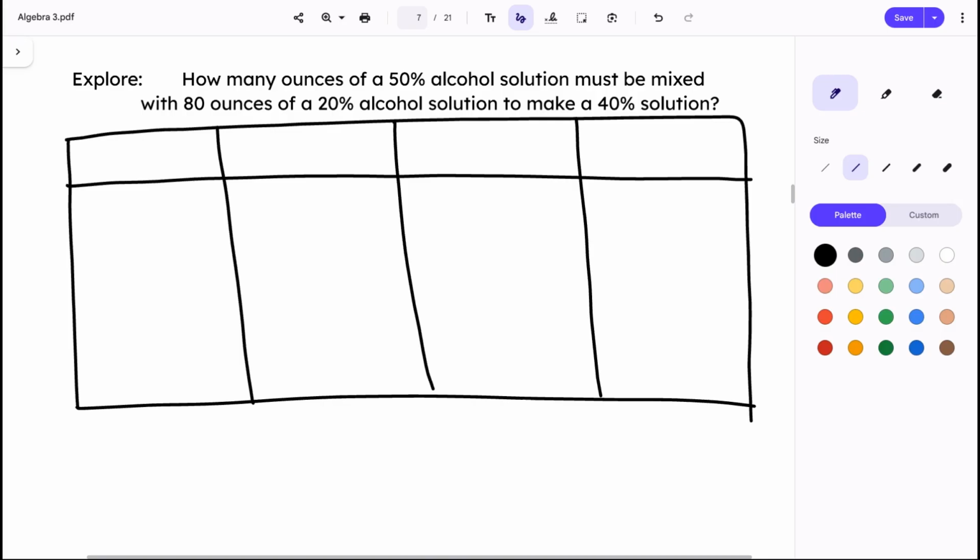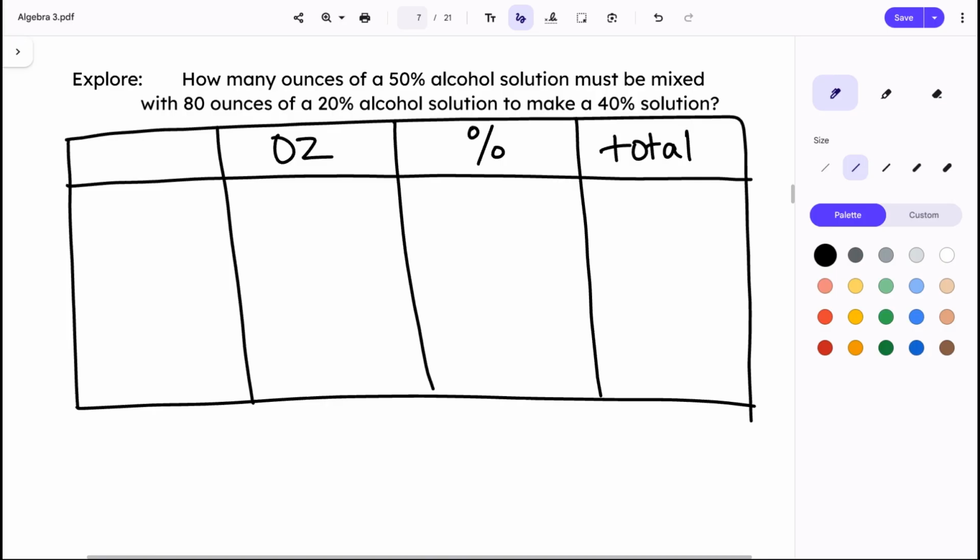This time, what's our measurement for this solution? Like the last one was milliliters. What is it for this one? Ounces. So I'm going to put OZ in that one for ounces. I'm still dealing with percentages, so I'm going to put percent. And then this last one is still going to be total.